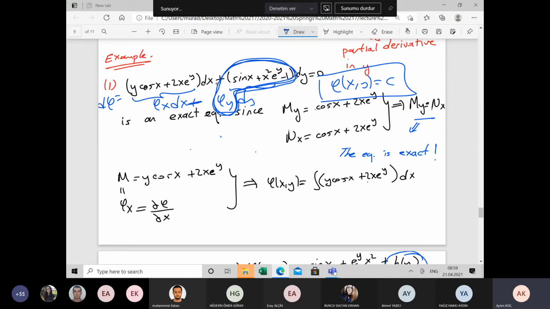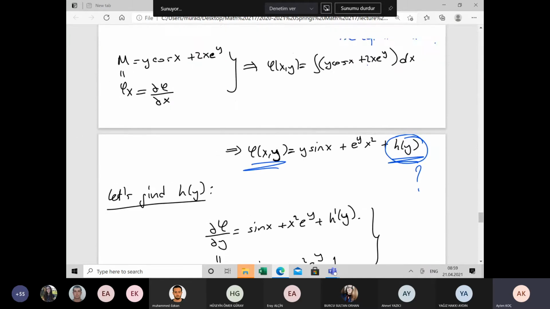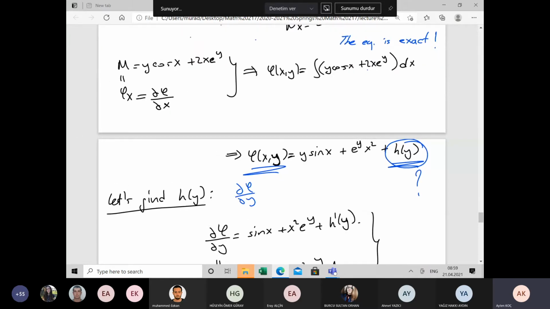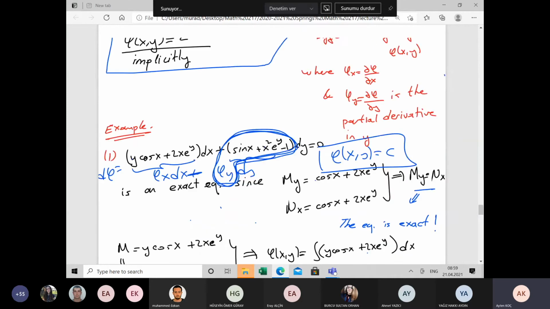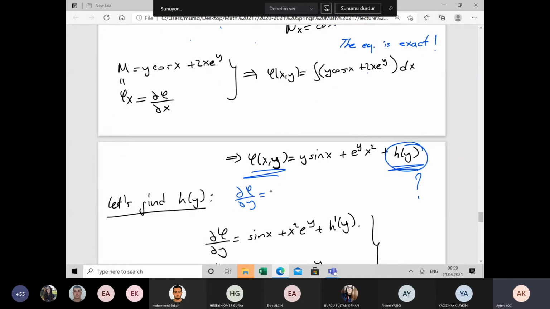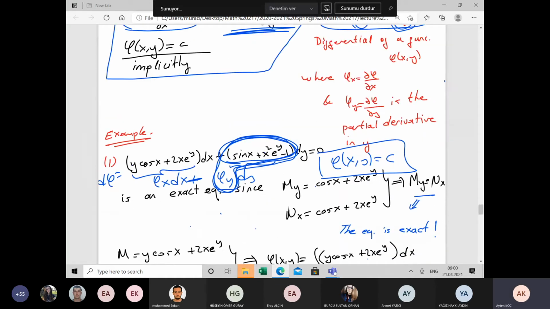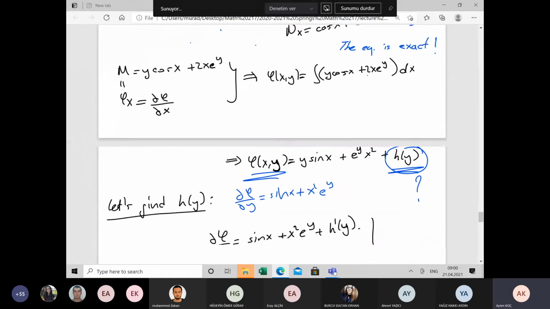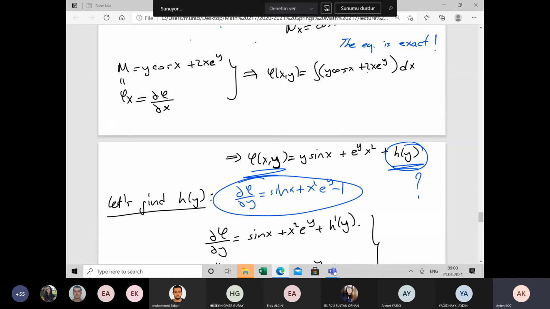We know that d phi over dy is N. What is N? N is sine x plus x squared e to the y minus 1. Use this information in this equation, and we have phi here. Phi is this one.